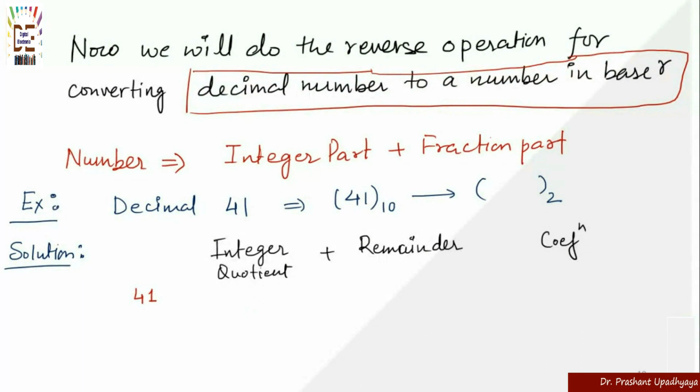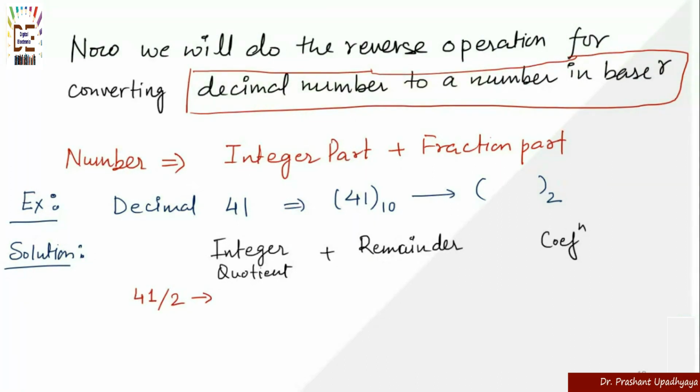If I ask what the integer quotient is when I divide 41 by 2, it is 20. And what will be the remainder? 1. How will you write 41 divided by 2? You will write 40 divided by 2 plus 1 by 2.